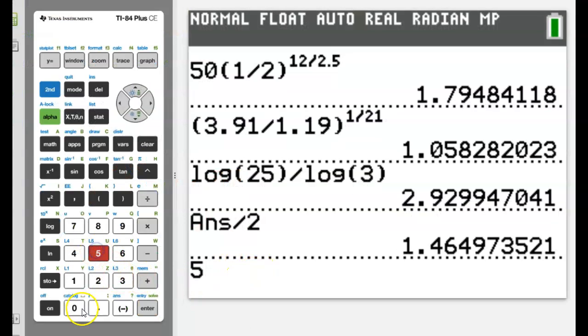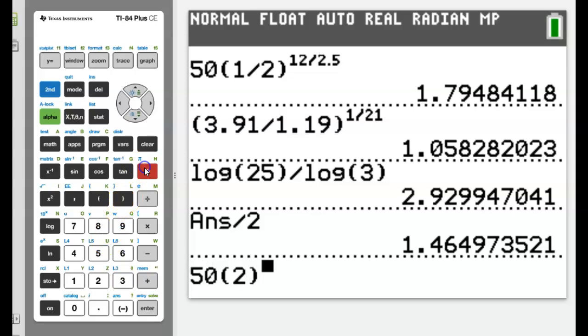No, it's going to be close. 50 times 3 to the, no, was it 3? This was a 3, and then there was a 2 up in the top, right? And this was 2 times, if we put in 1.465.